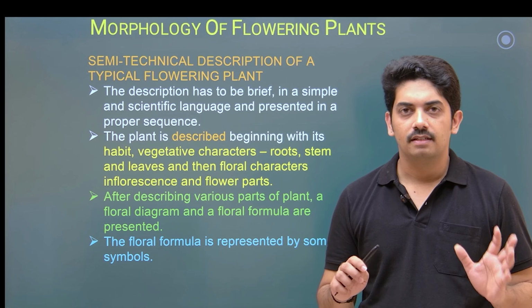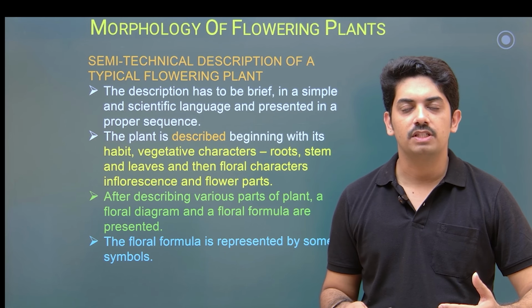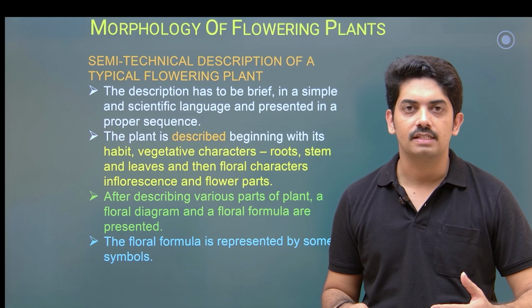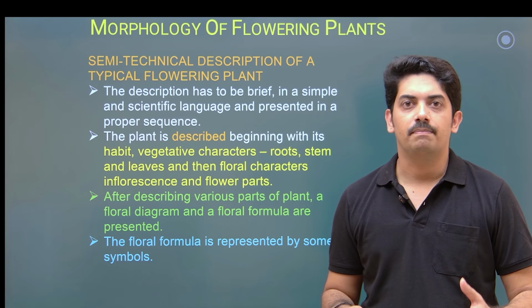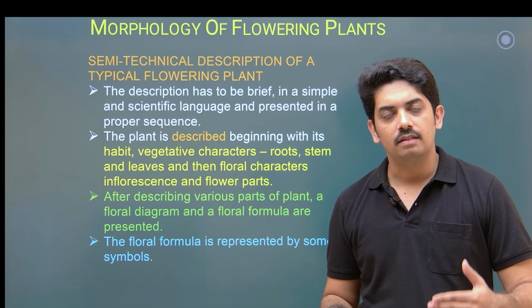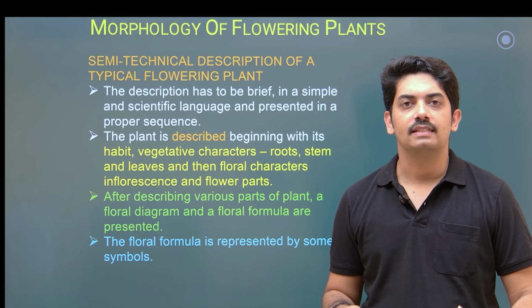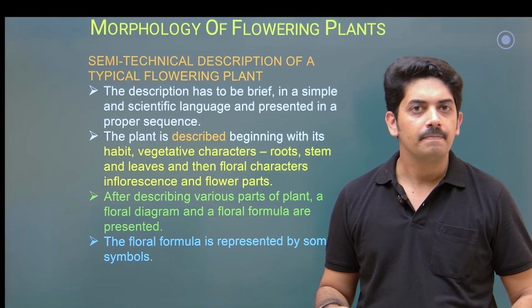Then we take the floral characters, in which first we study inflorescence, then flower. In that, the outermost one is sepal, then petal, then androecium, then gynoecium, then fruits, then seeds, then floral formula, then floral diagram. Likewise we study in a sequence.